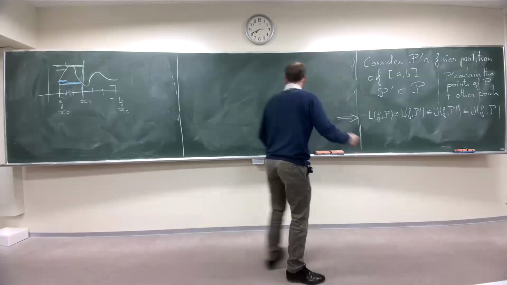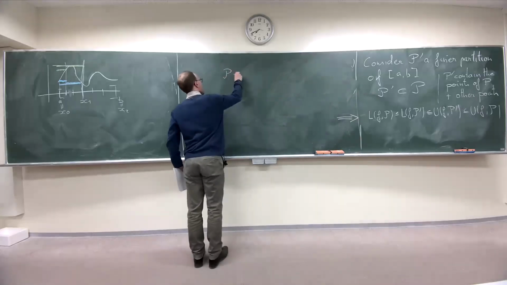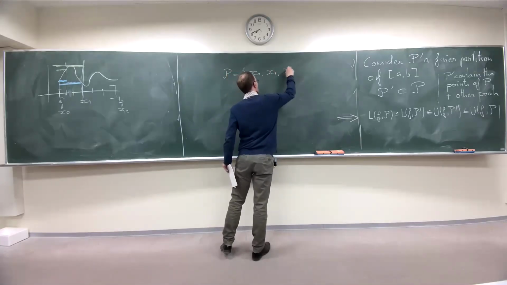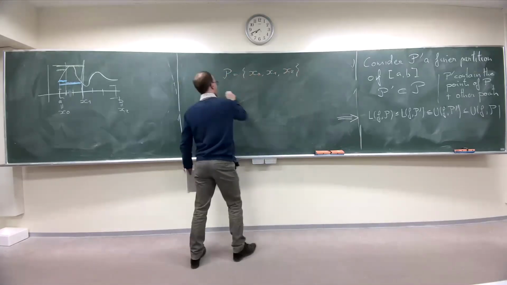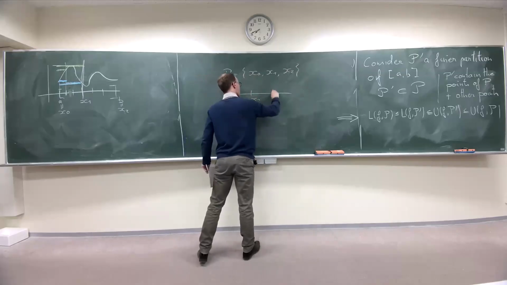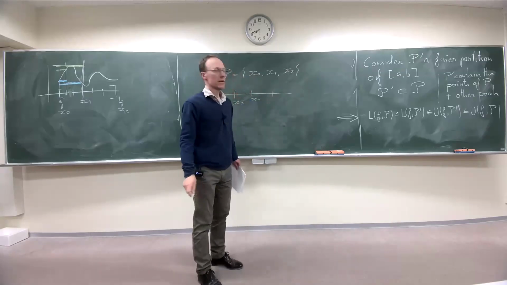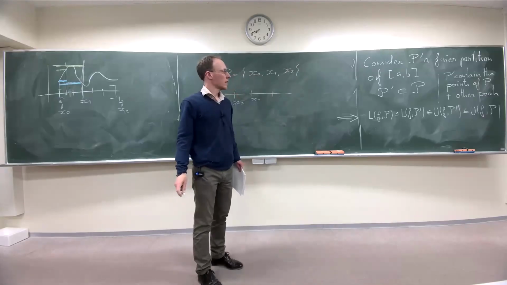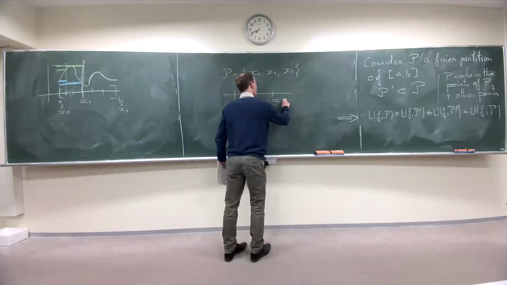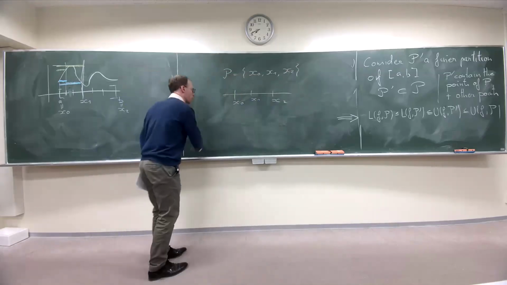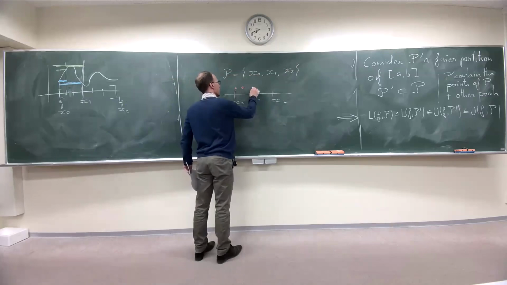As a set, look, P is, let's say, x0, x1, x2. And I do a picture. You wrote that P prime is included in P when P is smaller than P. No, but it's correct. Look, this is P, the points of P, and now P prime. Yeah, this is P prime.